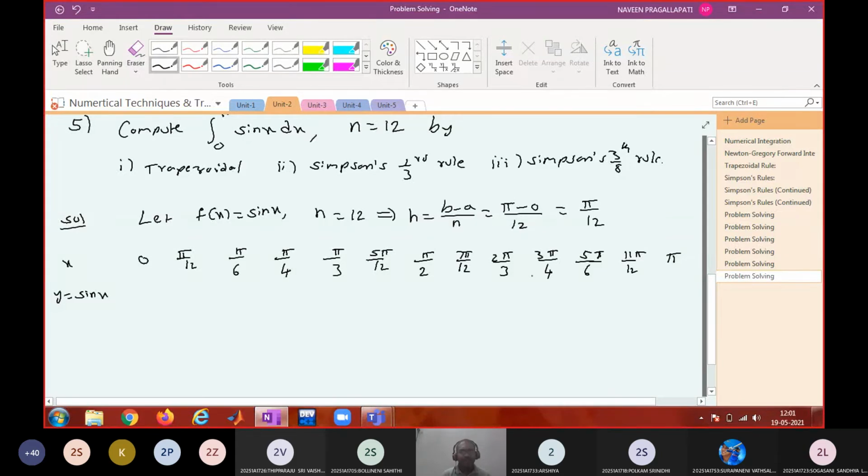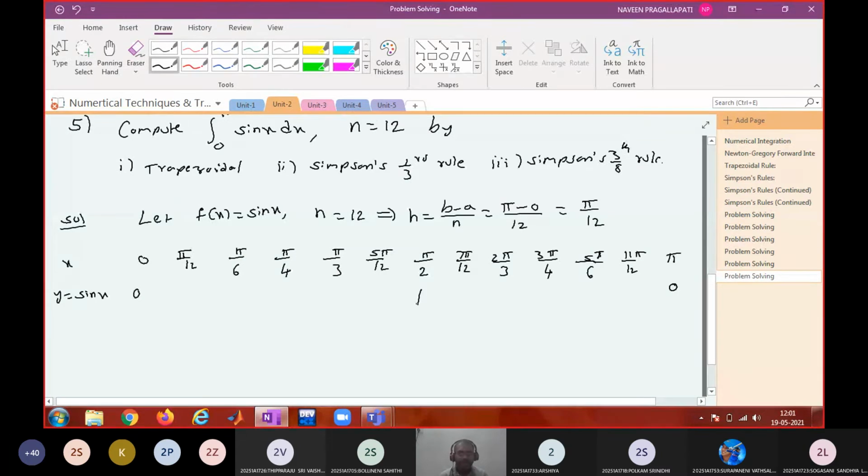Then you find out these values. Sine 0 is 0, I know. Sine pi is 0.